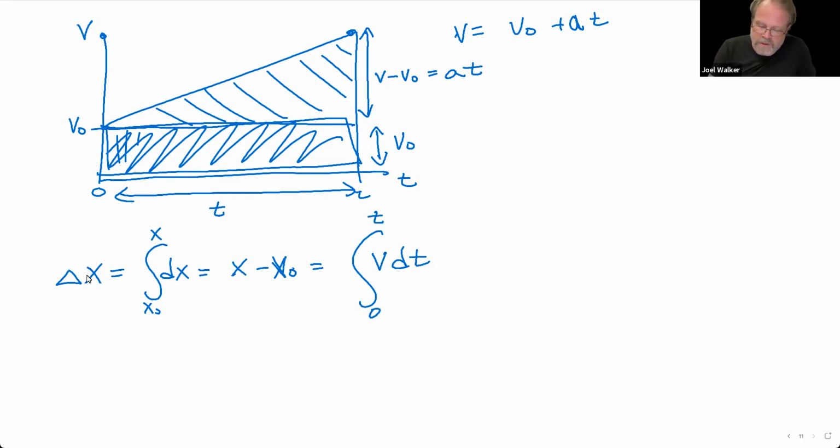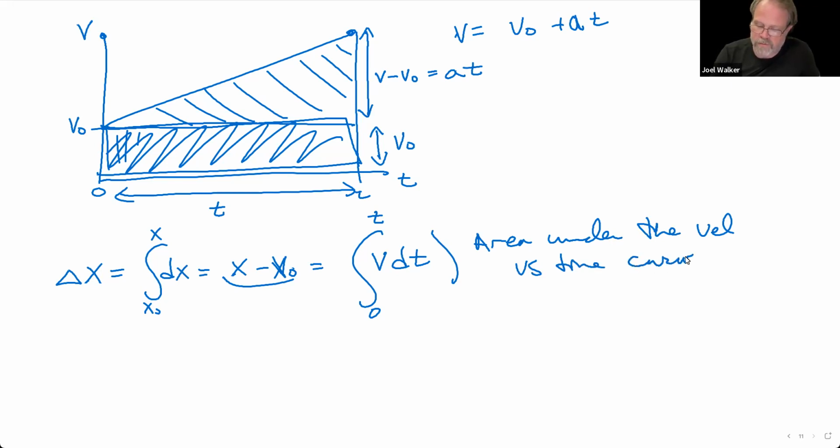So in other words, delta x, change in position, is equal to area under the velocity versus time curve. Well, we have a velocity versus time curve for the case of constant acceleration drawn here. What is the area under the curve? That is equal to the area of the rectangle plus the area of the triangle.